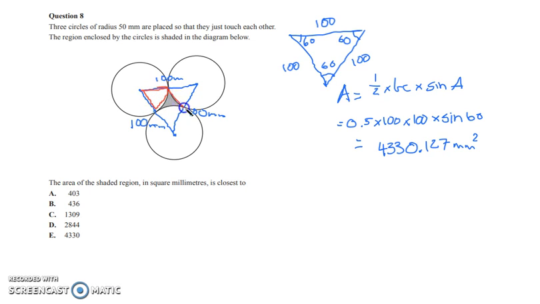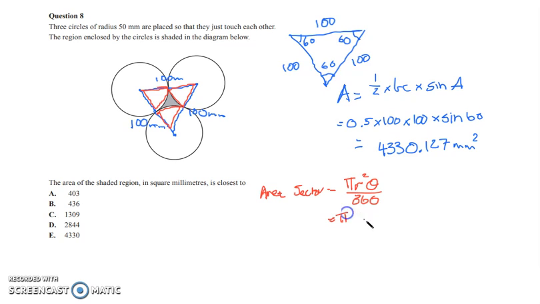And we have 3 sectors, which are all going to be the same area. The area of a sector is the formula pi r squared times the degrees that make the sector over 360 degrees. So we can work out one area of the sector and then multiply it by 3 to find the total area of the 3 sectors.